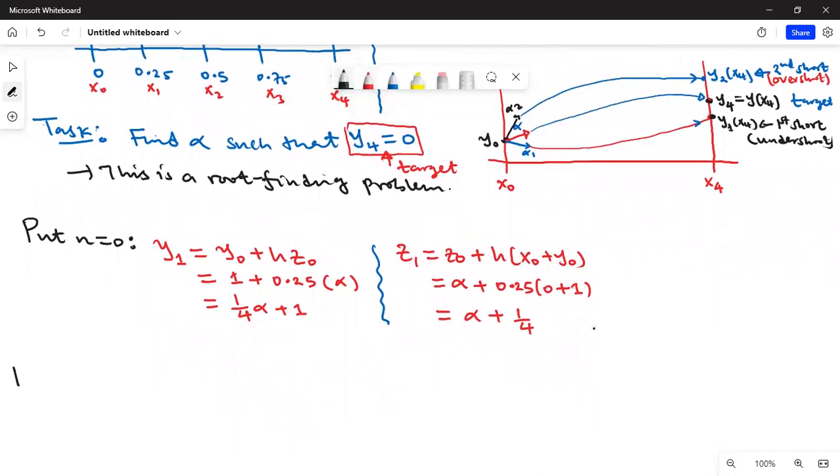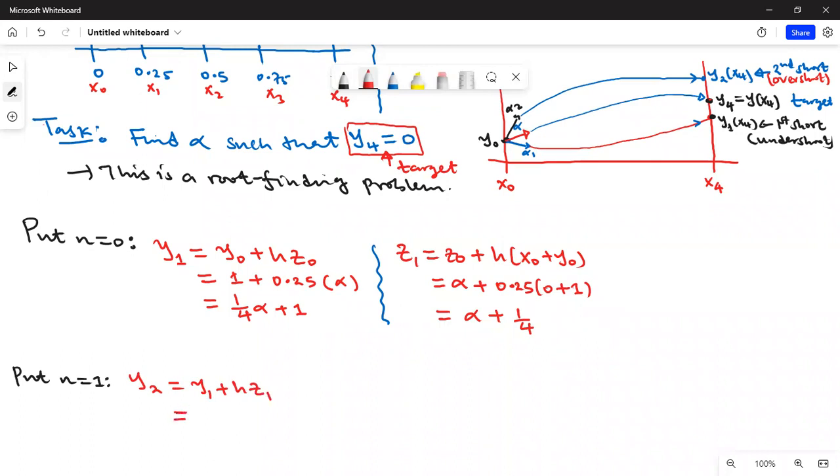Let's go to the next iteration. You put n equal to 1. That will give us y2 is equal to y1 plus h of z1.